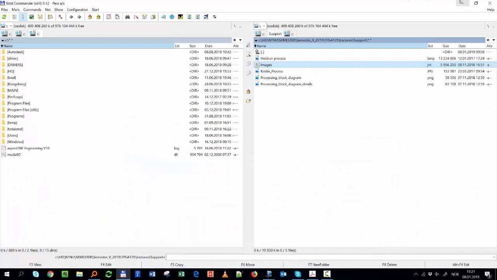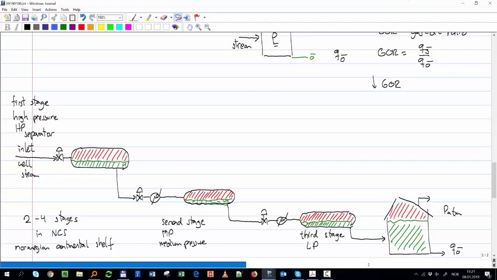Okay. Now on the gas, what we have here is a line that goes to dehydration. And typically in that line, the pressure is actually higher. If we call here P1, T1, okay, let's call it like that.